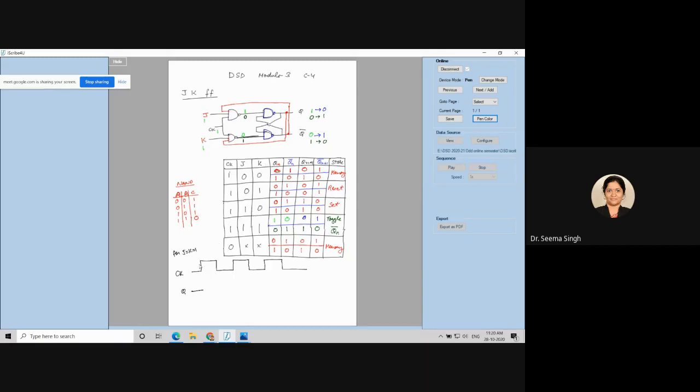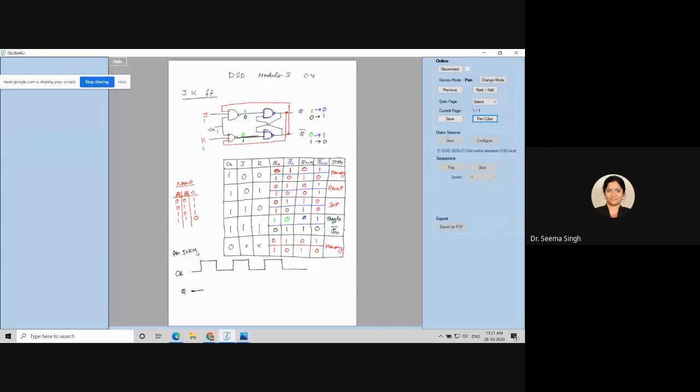Now see here, when clock is high and J and K is also high, then this toggling is happening, right? Now we assumed that Q was 0, then it became 1. So what you will see in the waveform now, I am not showing J and K waveform here. I am simply showing only clock waveform.